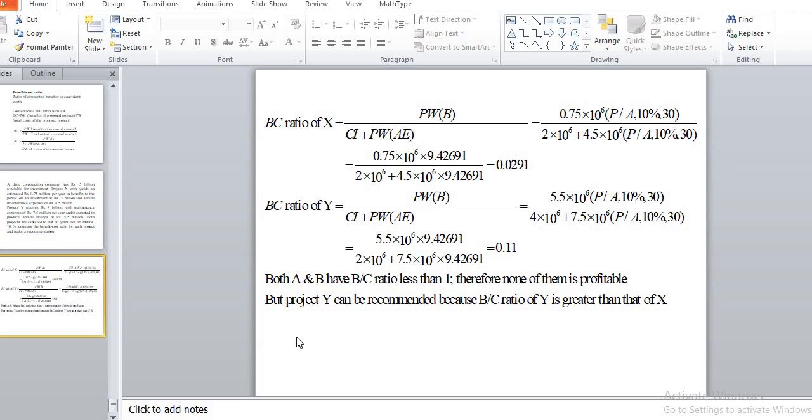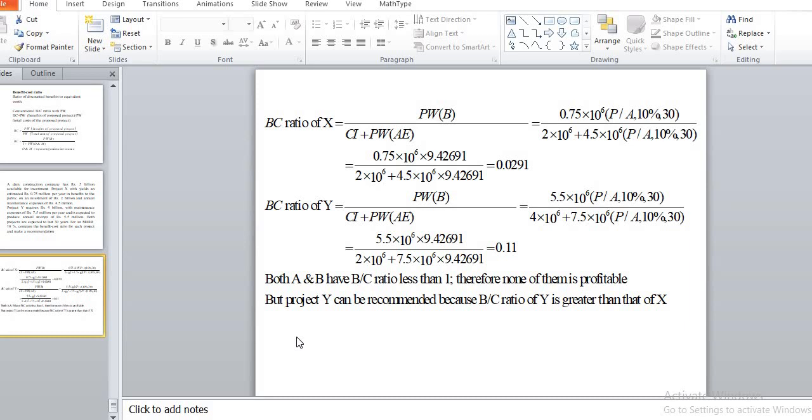So both the projects have a benefit to cost ratio of less than 1, so both projects are not desirable. But as soon as we compare these two projects X and Y, we can choose project Y, because it has a larger benefit to cost ratio compared to X. So this is the benefit to cost ratio method that we discussed here for evaluation of a particular project.